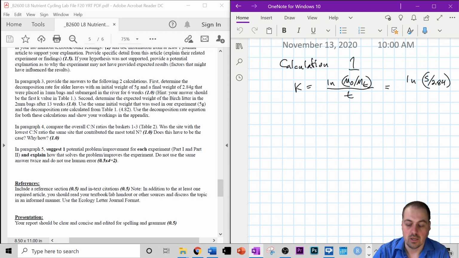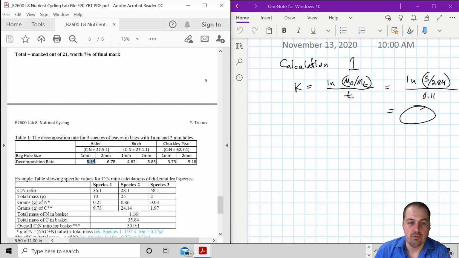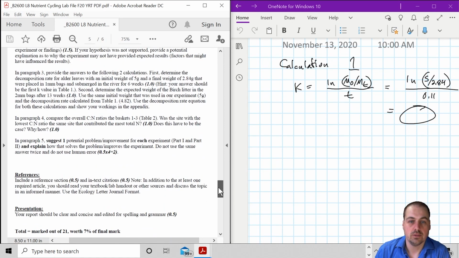Keep in mind that your time is actually going to be in years, so you need to convert your weeks to years. So it's going to be 0.11, as I already mentioned, and then you just work that out and you get your answer. So I'll give you a hint. There's a hint here. That answer should be this value right here. So you're going to need to show your workings in your appendix, but you know what your value is.